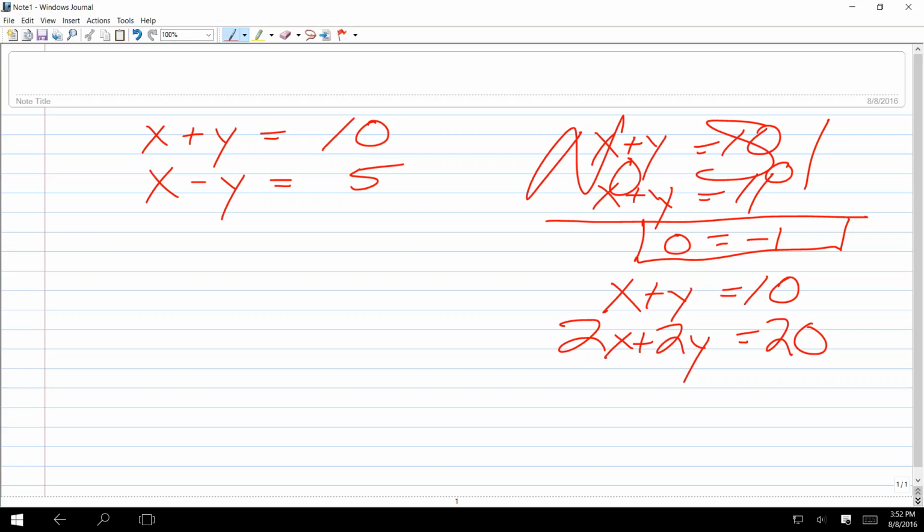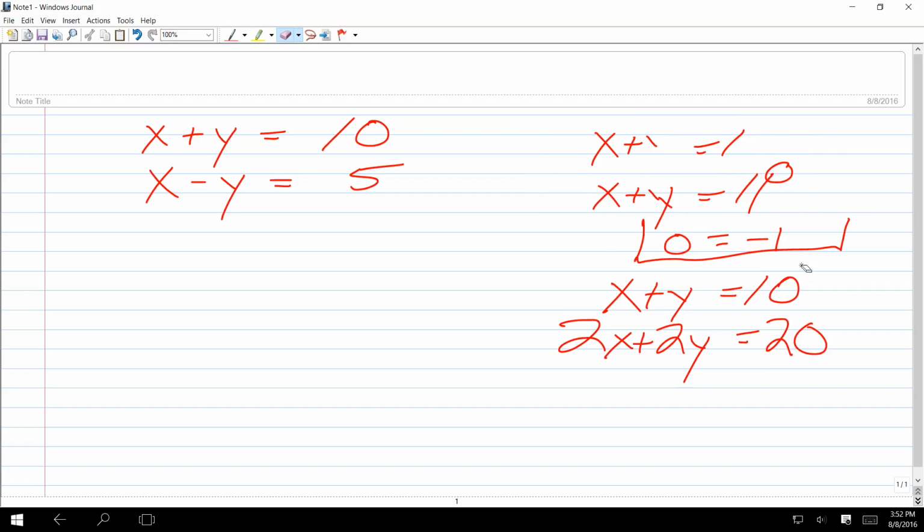If you come up with 2 equals 3, no solution. 0 equals minus 1, no solution. 0 equals 1, no solution. All right? So that's the second kind of system of equations that you're going to run into.